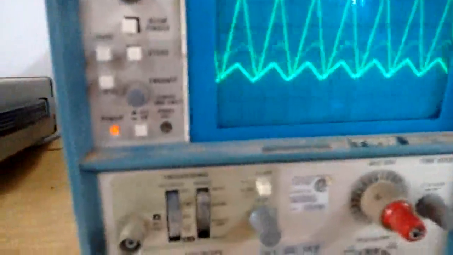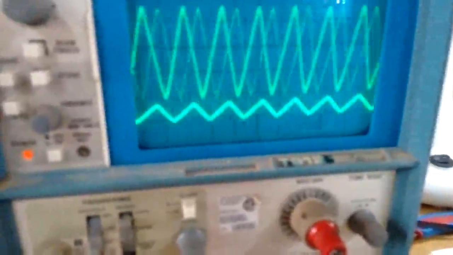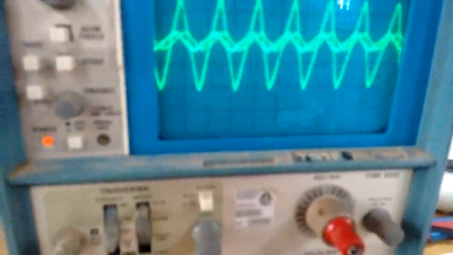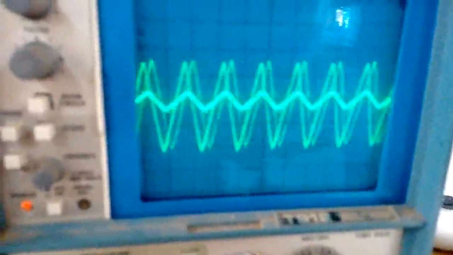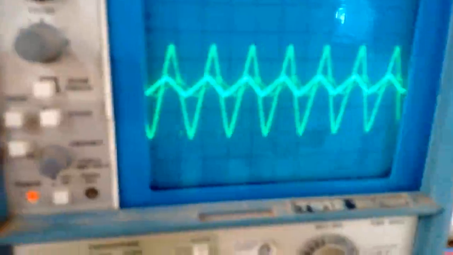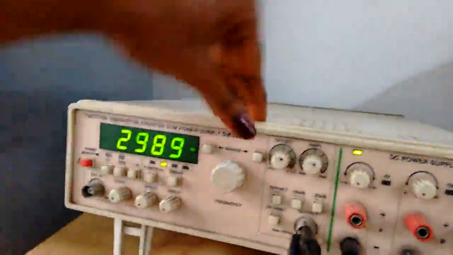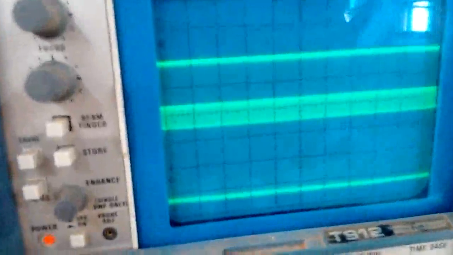This one is the output waveform, the one I'm moving downwards, and it will be half of the input waveform. And even if I increase the frequency from hertz to kilohertz, nothing happened.